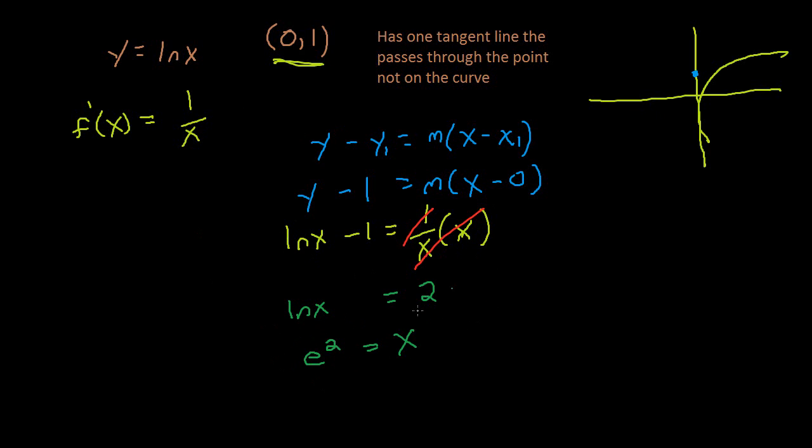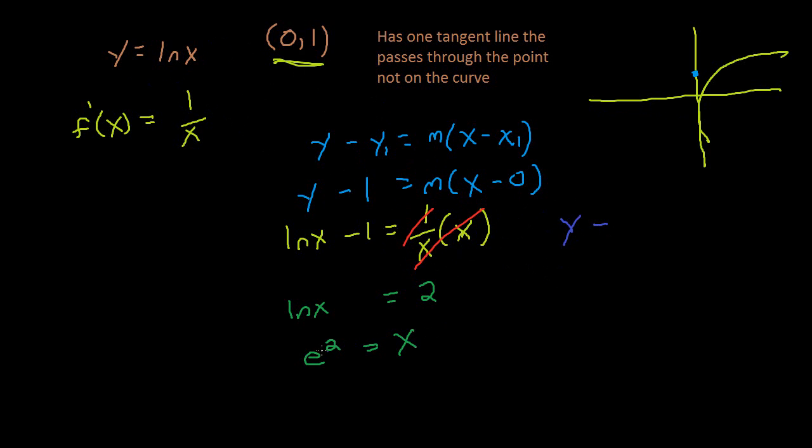So now that we know what the actual x value is, we could solve it by just substituting all of the values we know. So we have y minus, what is y1? Well, at this point, let's just use the points of tangency that we actually know. So we know that y is equal to ln x, right?